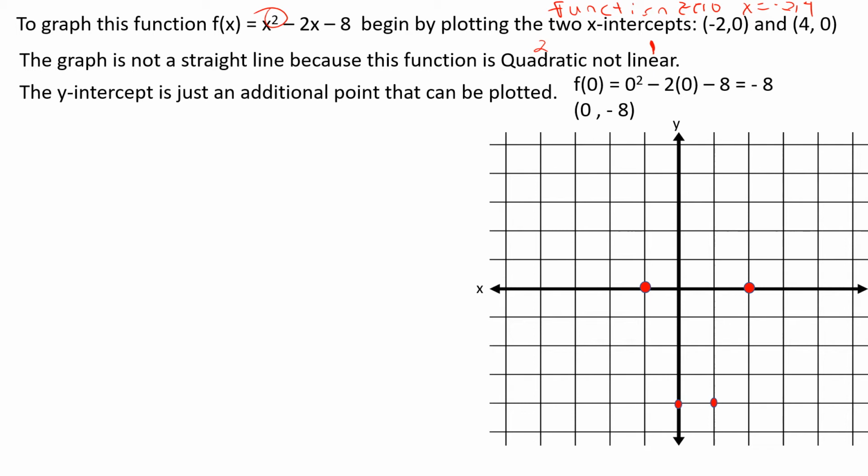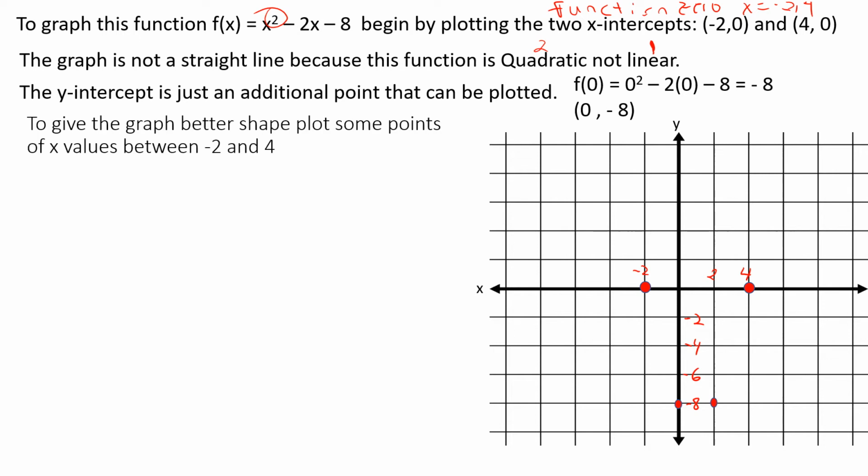Now if you're wondering about my graph here, think of it this way: 2, 4, 6, 8 going down. So right here I have graphed (0, -8). I don't know where that other point came from, but I think it just showed up early.